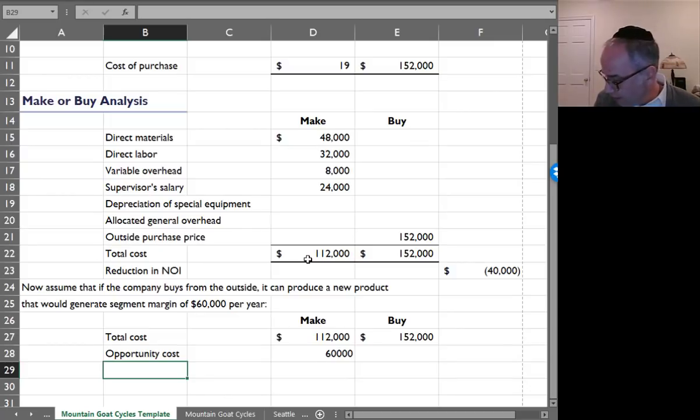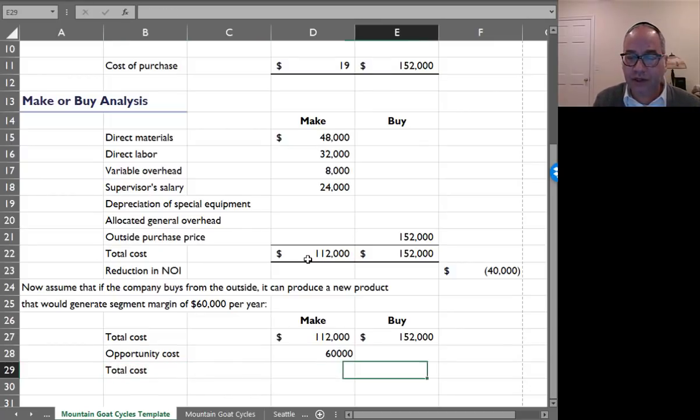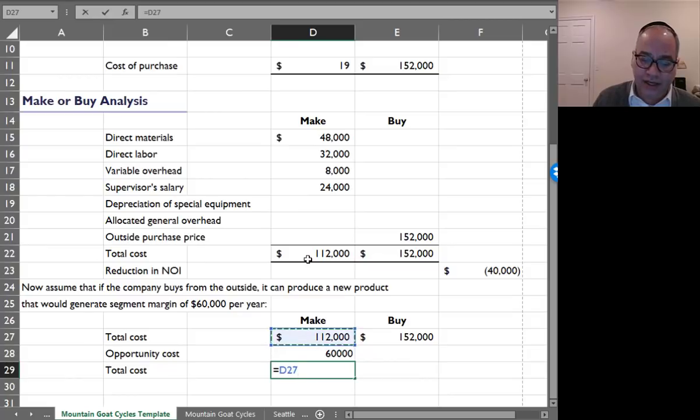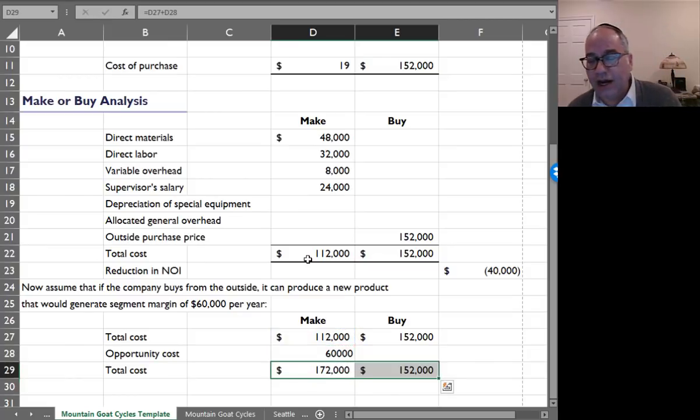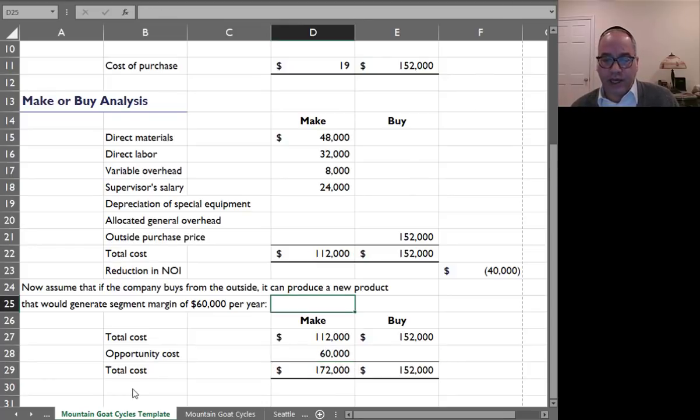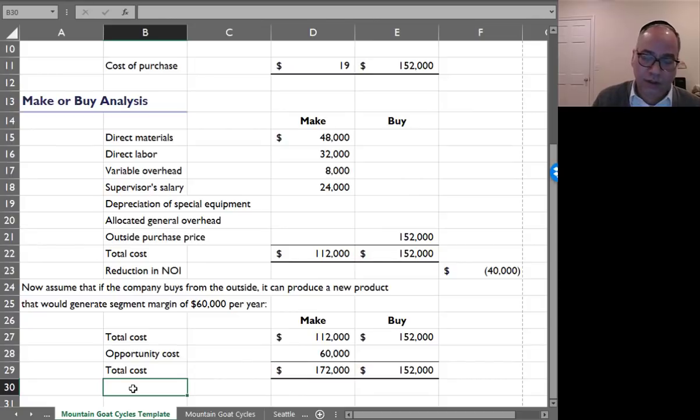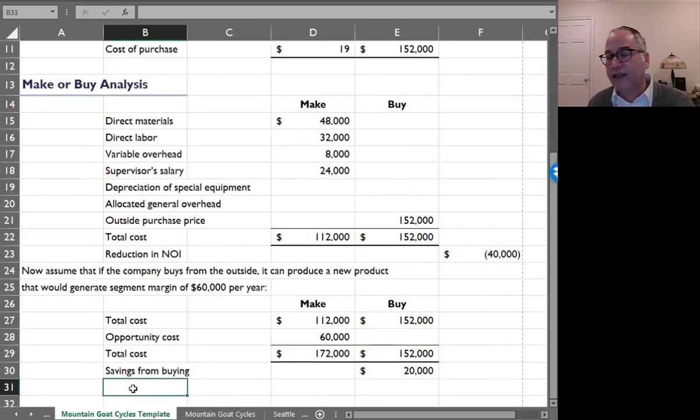So therefore, the relative cost, if you include these opportunity costs, is going to be $172,000 to make and $152,000 to buy. In which case, you would save $20,000 by buying instead of making.